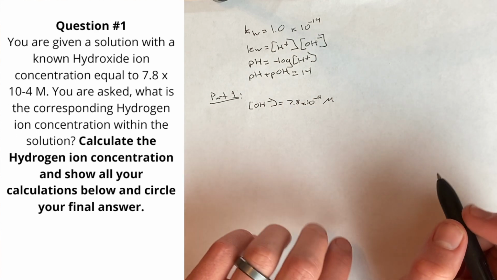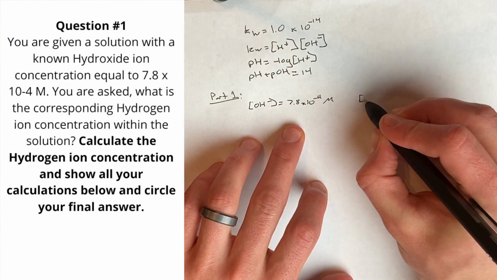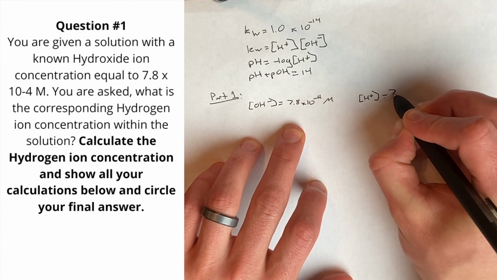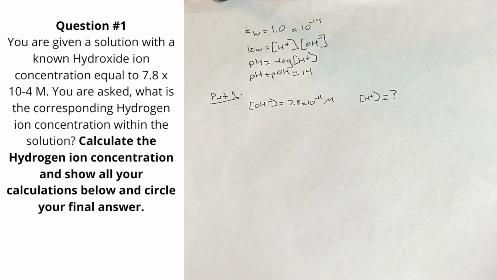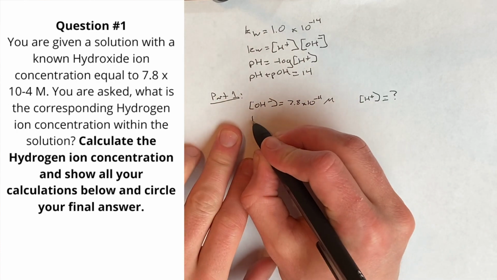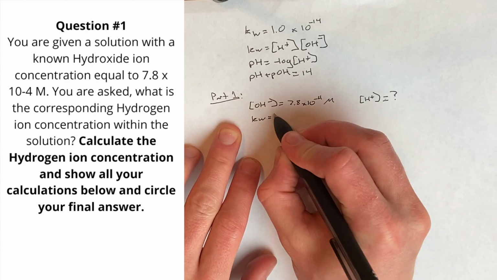Now we're asked to calculate the H plus concentration. So we don't know this. Well, which formula has one of these values? And we can solve for the other one. Okay, so we also know this because it's given as a constant.